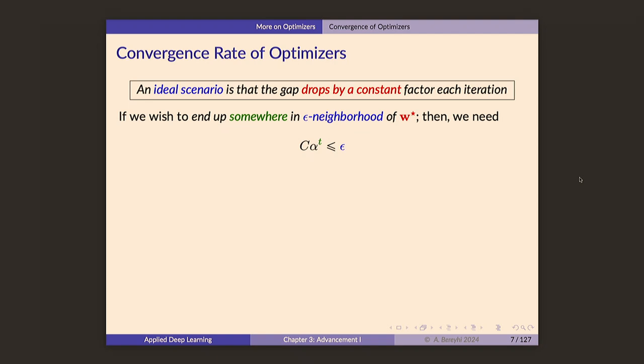Everybody's following? Yes. So I take it out. Now I take log C to the other side, so it's minus log of C. Epsilon is definitely smaller than 1. Is log of epsilon positive or negative? So I write it as minus log of 1 over epsilon, which is positive now, right? What about alpha?